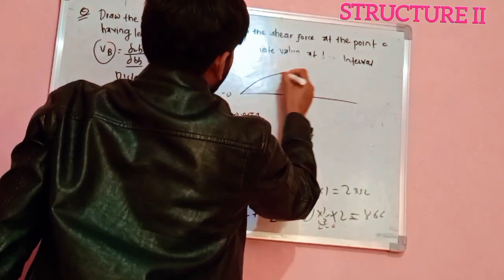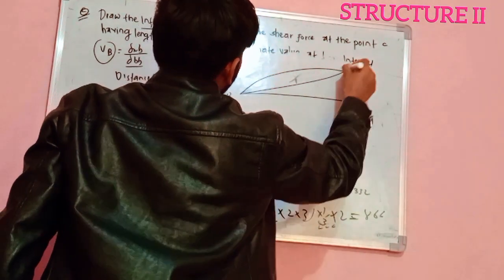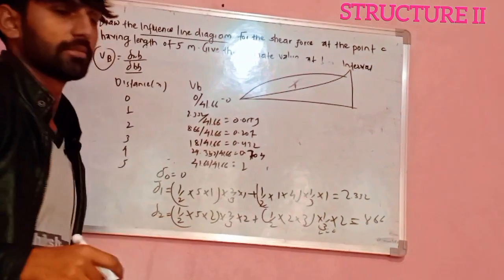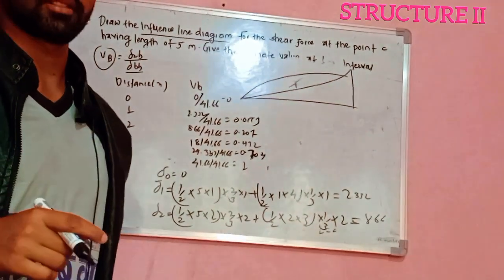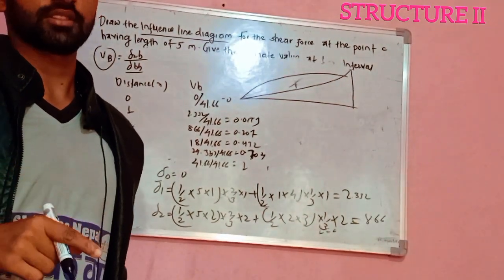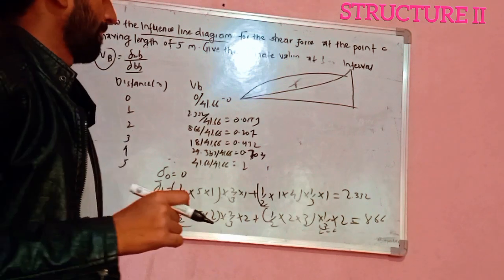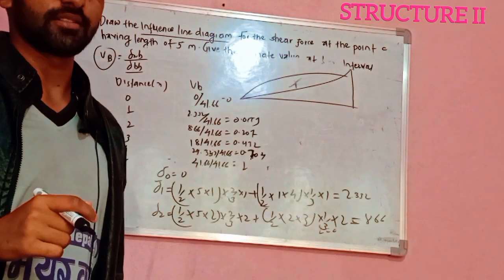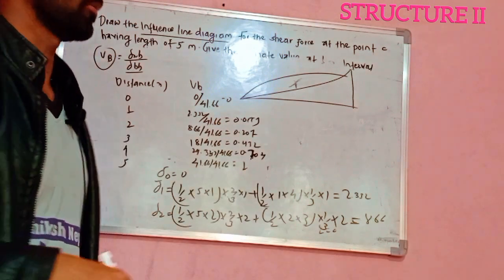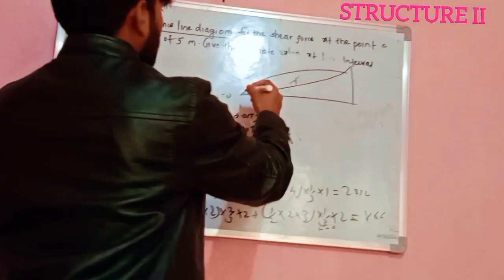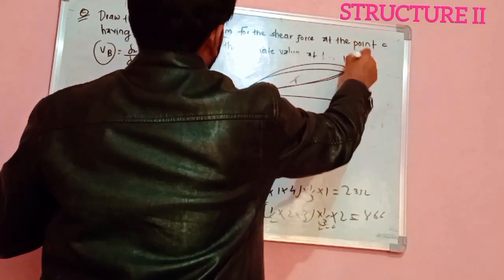It should be like this, or like this, because this is the basic difference between the ILD of a determinate structure and an indeterminate structure. In a determinate structure, you used to draw the line as a straight line, but in an indeterminate structure you have to draw a curve. So it may be a curve like this, or a curve like this.